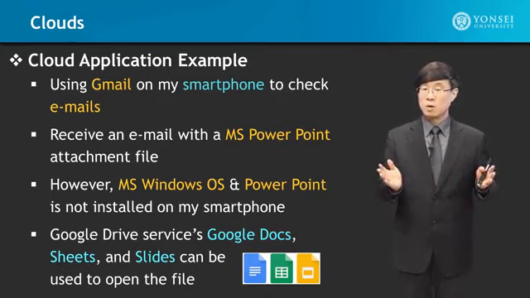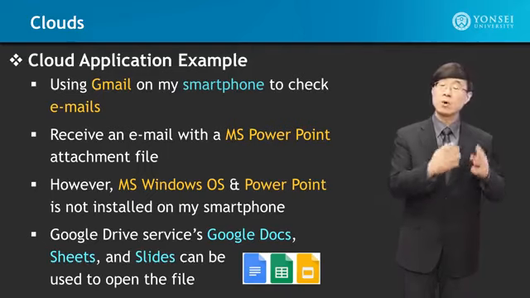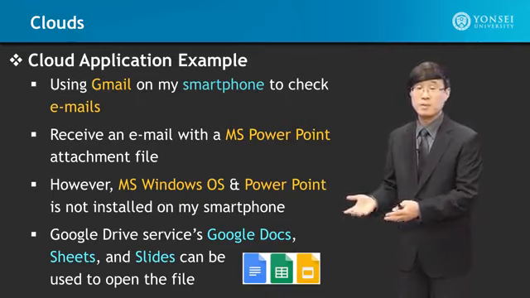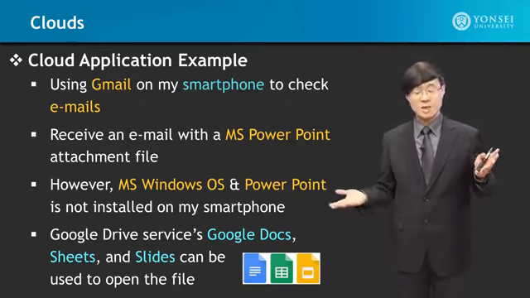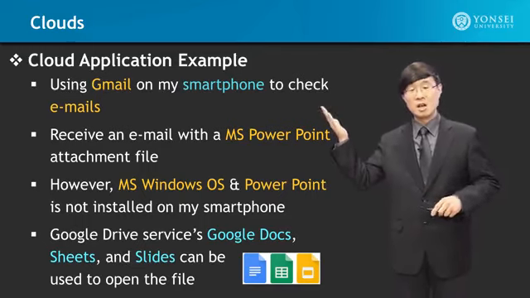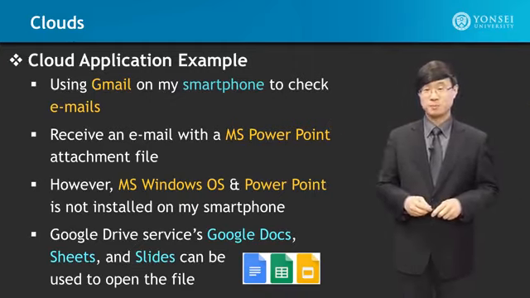So therefore, having IoT alone, you may not be able to do a lot. However, when IoT devices are connected to a cloud, then what you can do is naturally unlimited. And that's why we're studying cloud technology along with IoT technology in this course.